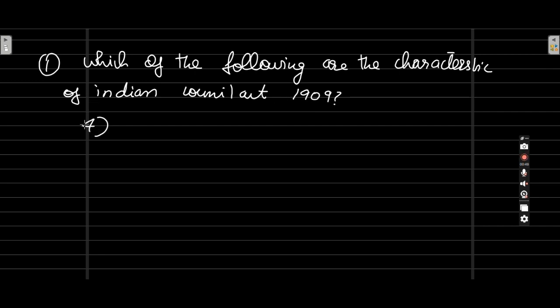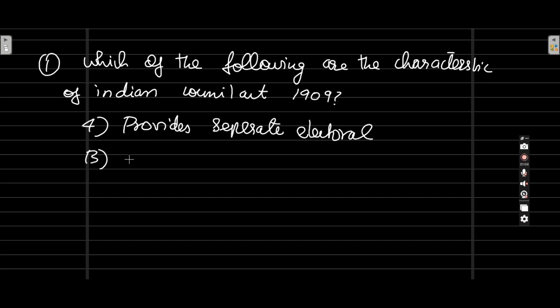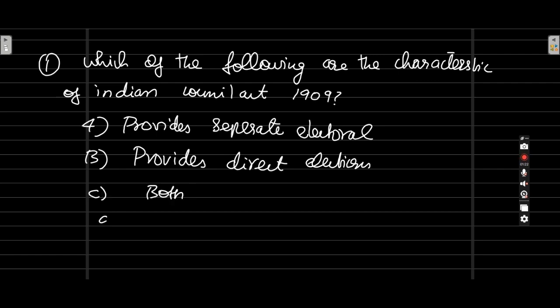So the first option A provides separate electorate. B, the second option, provides direct elections. C, both. D, no.